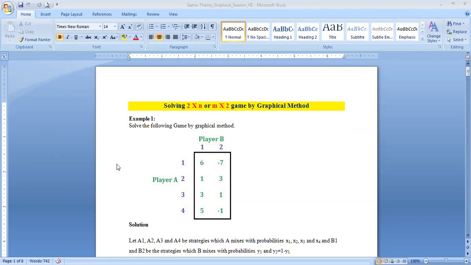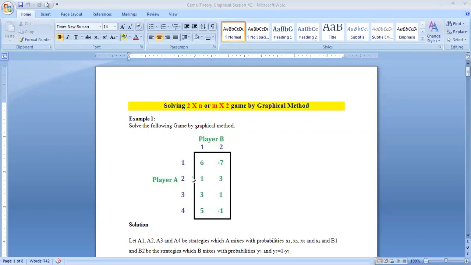So here, please note that when the given game has two rows and n columns, or m rows and two columns, that is 2 by n or m by 2, and it cannot be reduced to a 2 by 2 matrix by using the dominance rule, then another method is the graphical method, by which you can reduce the given 2 by n or m by 2 game into 2 by 2, and later on we will apply our arithmetic method to find the value of the game and optimum strategies for both the players.